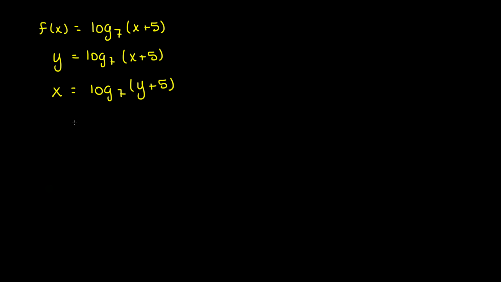I can raise this to the 7^x. So this is 7^x equals 7^(log base 7 of y plus 5). This is another one of those properties: if I have a base raised to a log of that base of x, this ultimately is just going to be x. So this is going to be 7^x equals y plus 5.